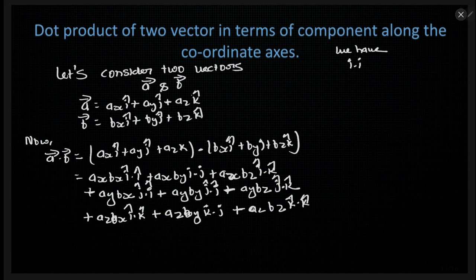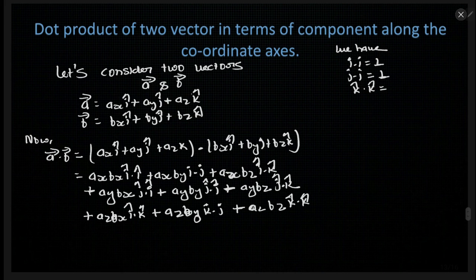We have i dot i equals 1, j dot j equals 1, k dot k equals 1, because this is a dot product and vectors i, j, k are mutually perpendicular to each other.